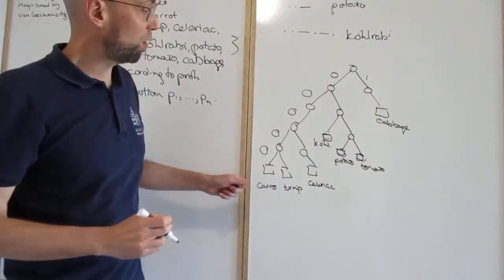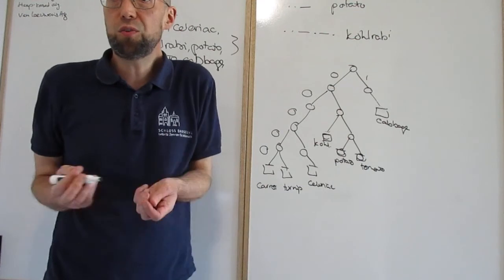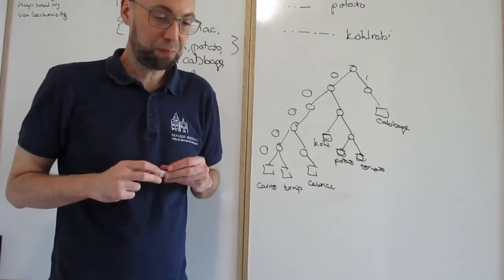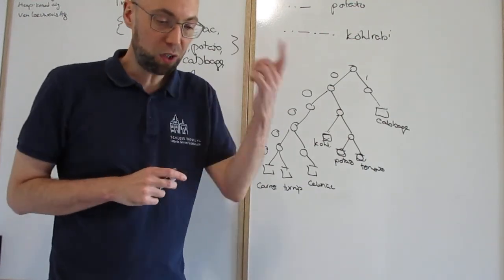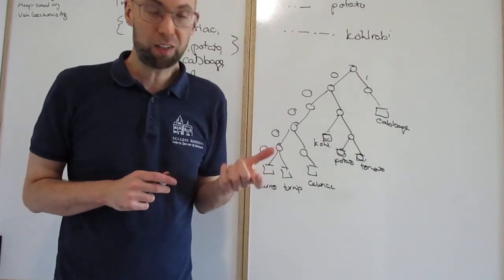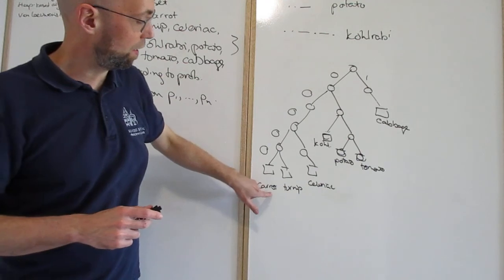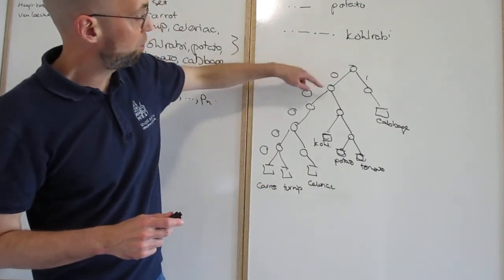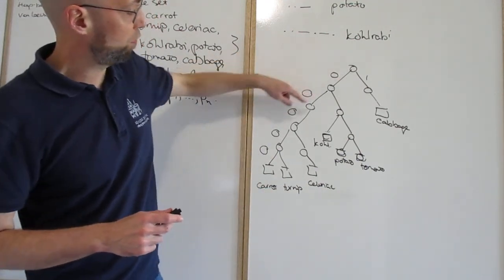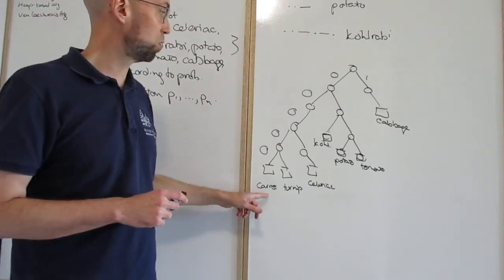Why, if I draw this as a tree, do you know that no code word is a prefix of any other code word? Because the code word for a vegetable is the concatenation of the labels of the edges on the path to that vegetable.